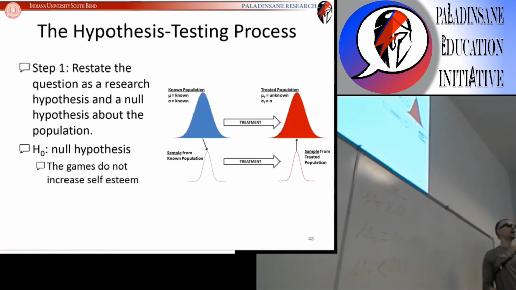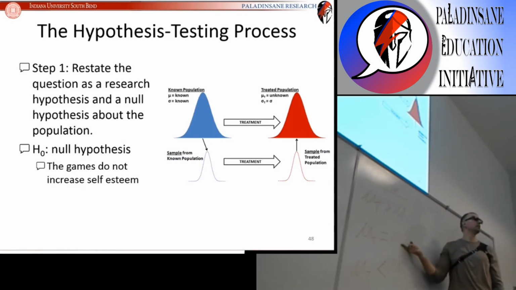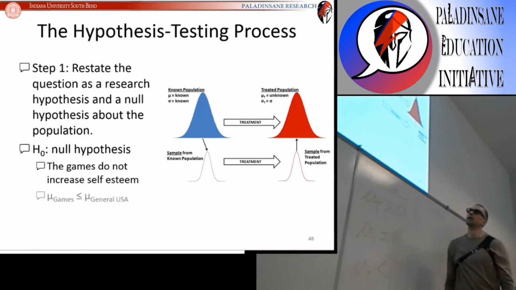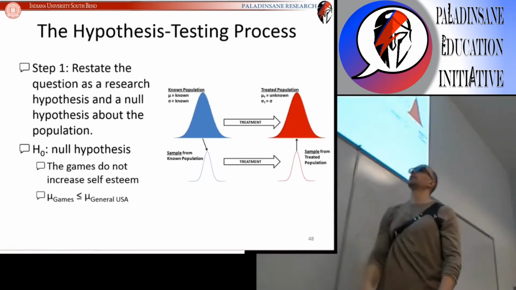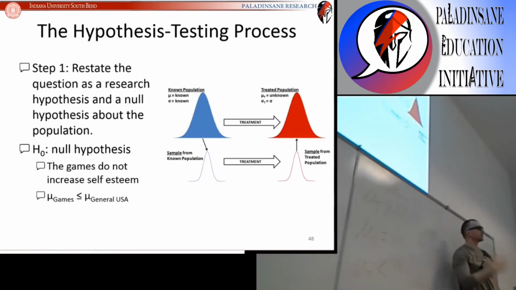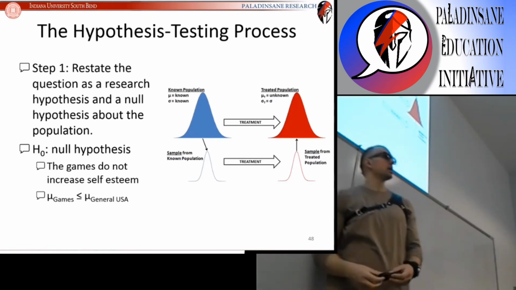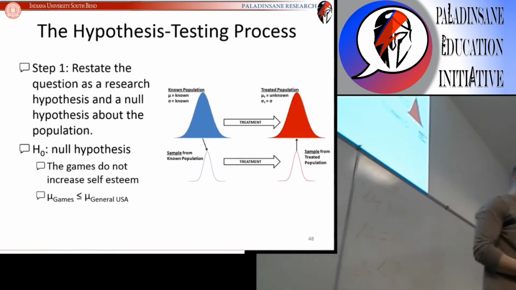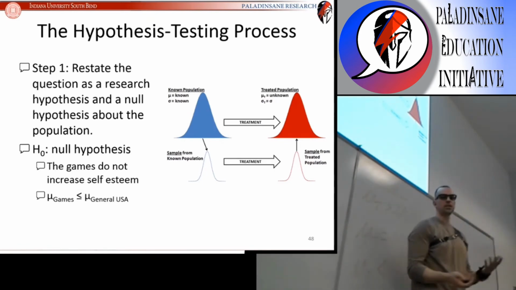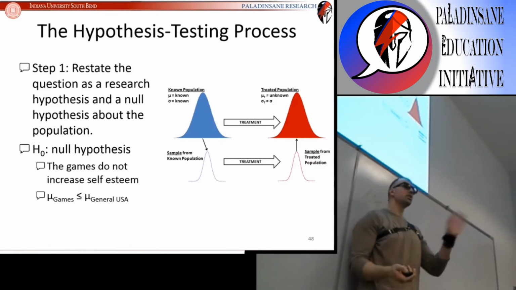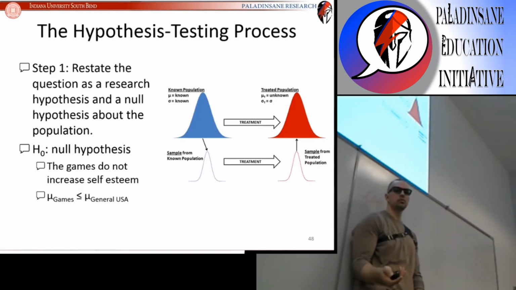This is do not increase, because it covers decrease and it also covers no change in effectiveness. So the games do not increase self-esteem means that the self-esteem for the games population is less than or equal to the self-esteem for the general USA population. That is the one-tailed hypothesis test. That changes when you're doing one-tailed or two-tailed, so be aware of that.